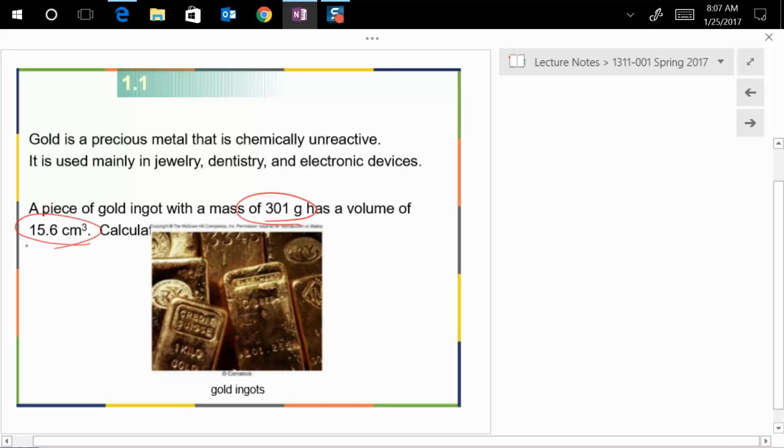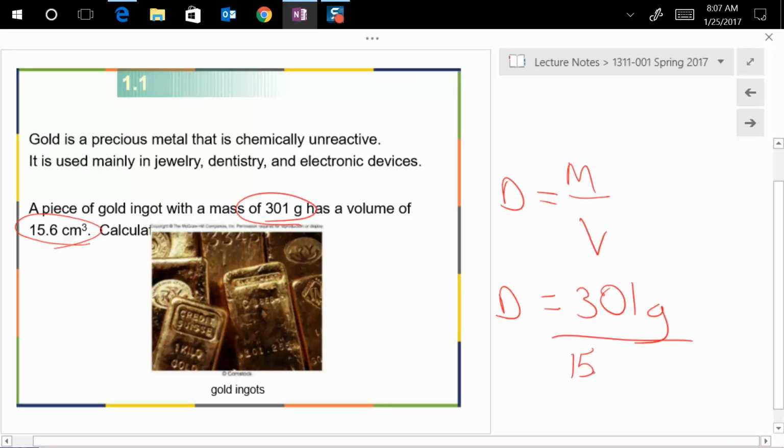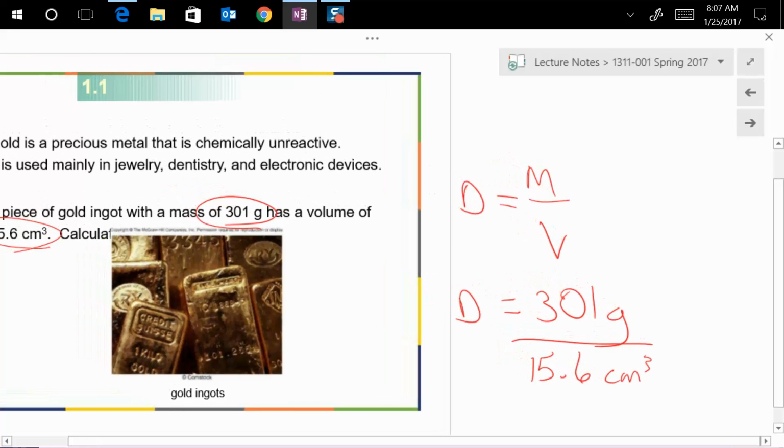Mass and volume. So density equals the mass over the volume. Okay? So density equals, this one's very straightforward, 301 grams for every 15.6 centimeters cubed. So what is the density of the gold here?